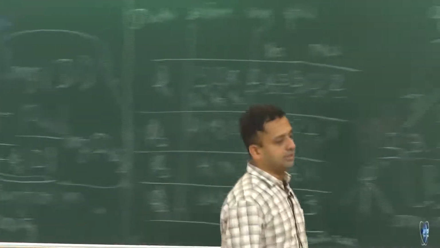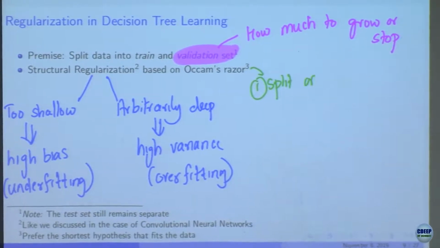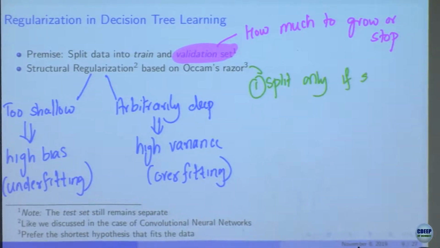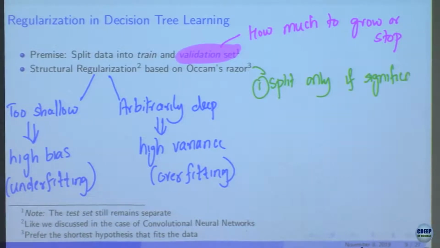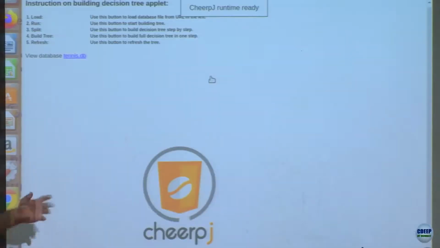So let's look at the possibilities. Split only if significant impurity reduction. Okay, so I say significant.